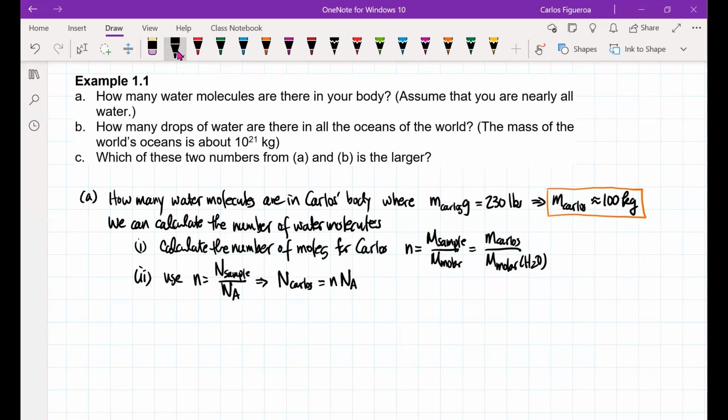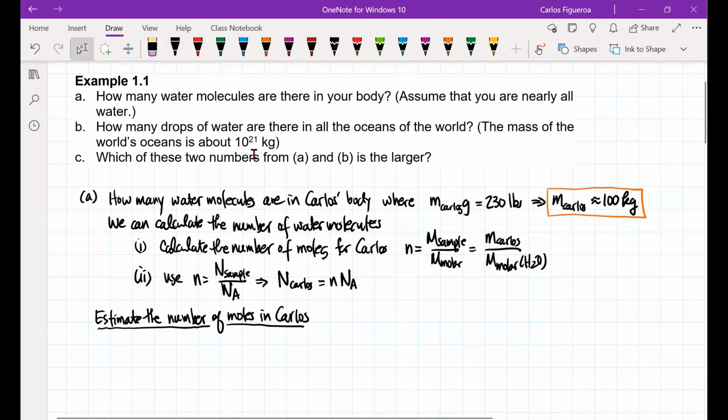Okay, so now let's go through our process. First, we need to estimate the number of moles in Carlos.